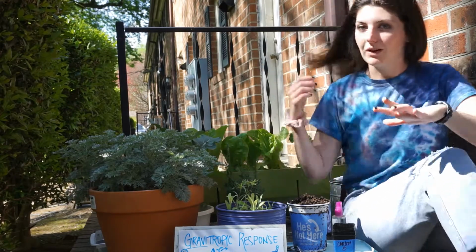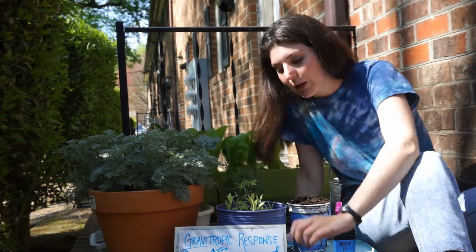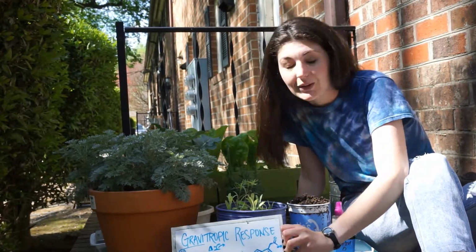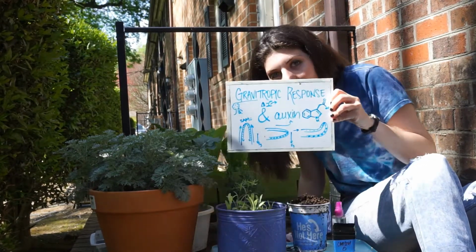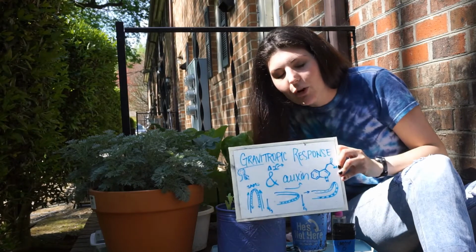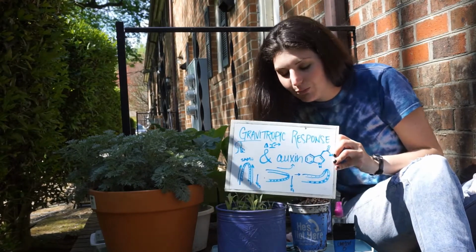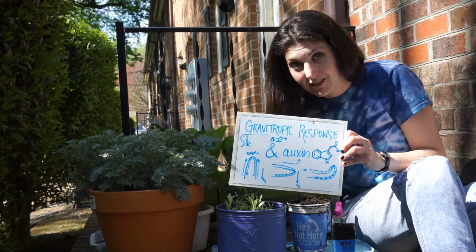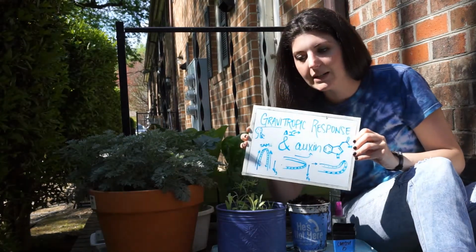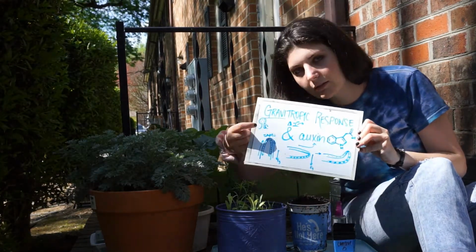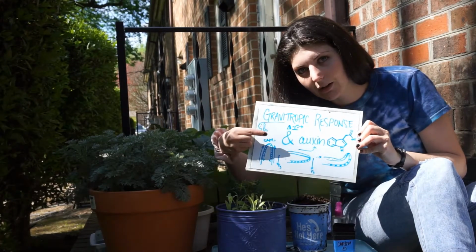Okay, welcome. Today we are going to be examining, well, setting up an experiment to look at potential for gravitropic responses in plants. I don't know if you've ever heard of this before, but so gravity, here's little Isaac Newton with an apple falling on his head.